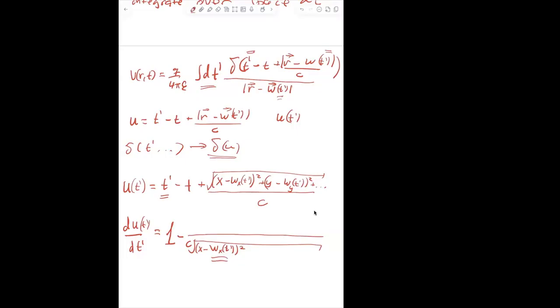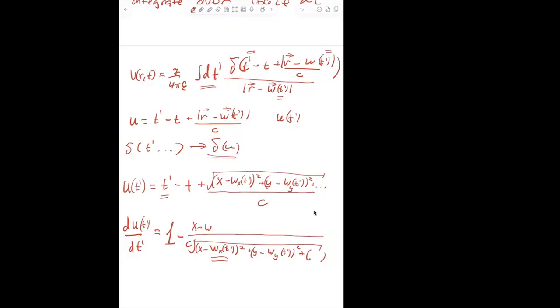I know the trajectory, I know this function. Plus y minus wy(t prime) squared plus another term with z. And then when I take the derivatives here, I have x minus the internal derivatives. Here I just took the derivative of the square root. It goes downstairs, so a function like x to the power half, when I take the derivative, goes to x to the minus half. This is this part.